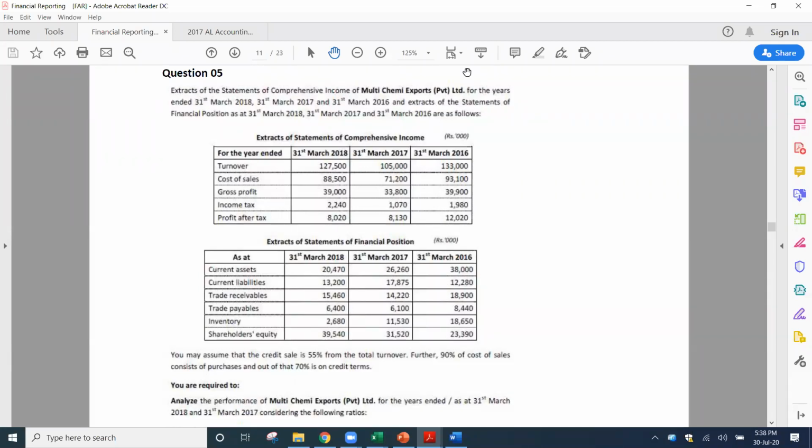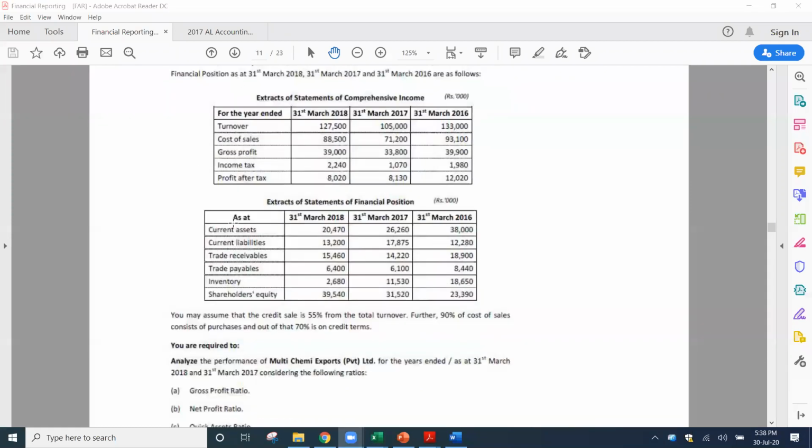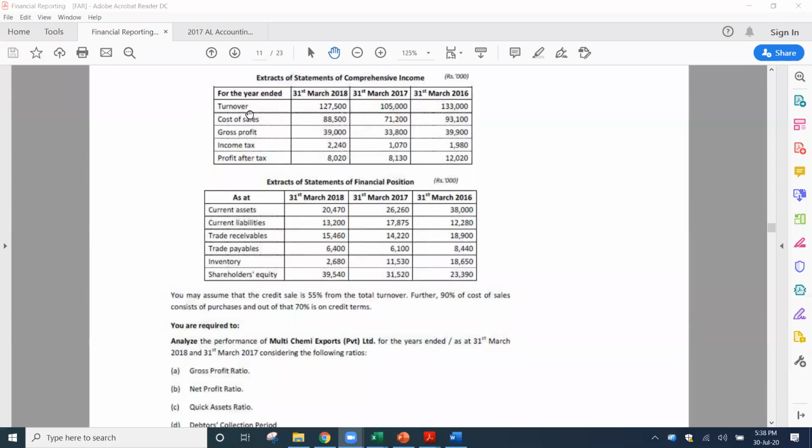Right? So we'll do this question. The requirements are gross profit ratio. You need to calculate for 18 and 17. So I will do one, you can do the other one. I'm going to do 2018.